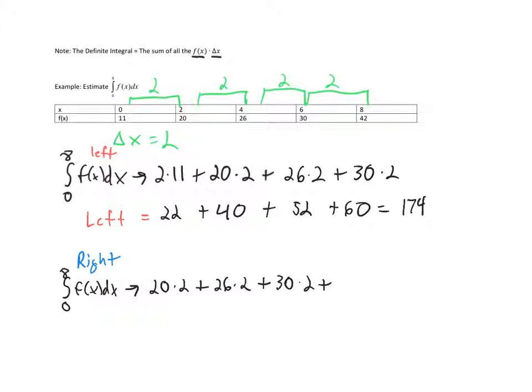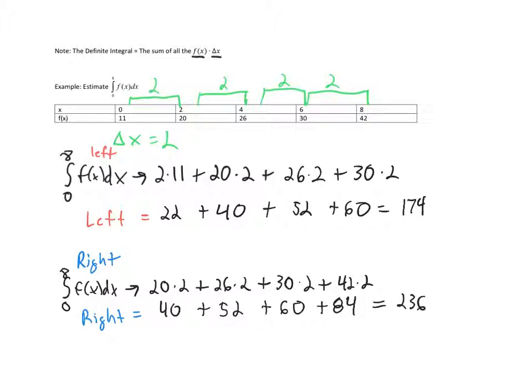And from 6 to 8, we're going to assume the height is 42. So I'm going to say that the right-hand sum equals 40 plus 52 plus 60 plus 84 equals 236.